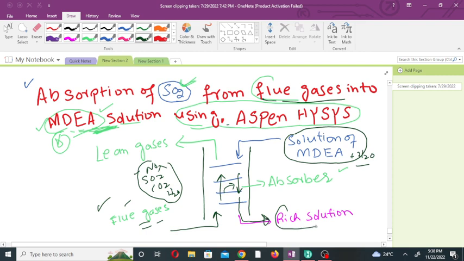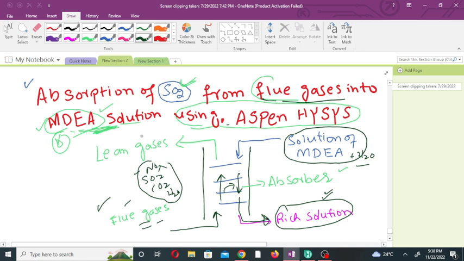This is called the rich solution because it consists of a large amount of sulfur dioxide and some small amount of other gases also, but our interest is to remove sulfur dioxide from the flue gases up to some extent. So we will see how much sulfur dioxide can be removed in this absorption column.